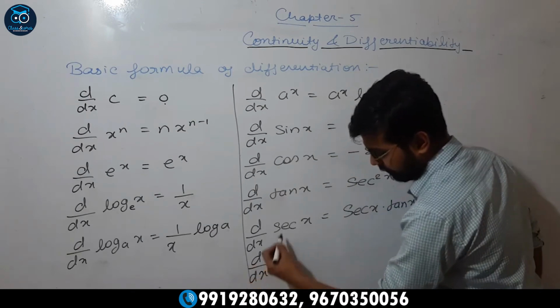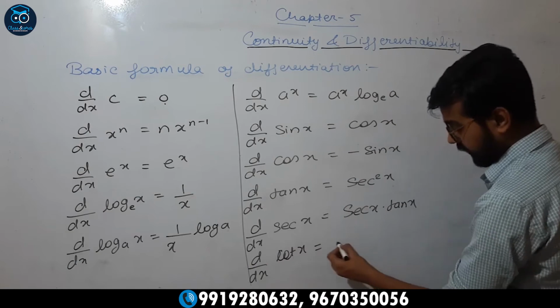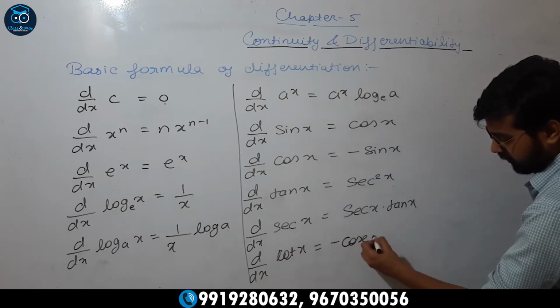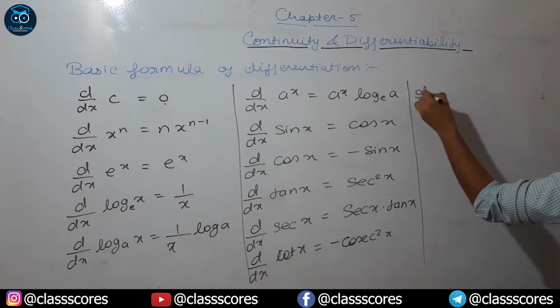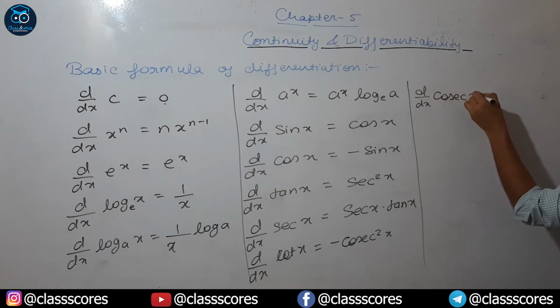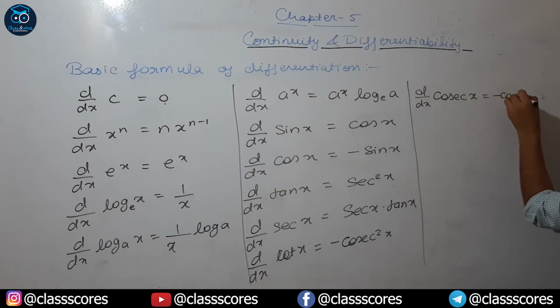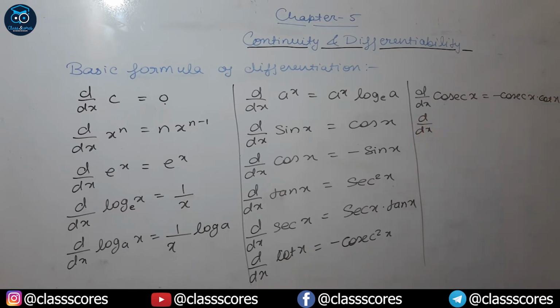Next one is cot x, that is minus cosec square x, and d upon dx of cosec x is minus cosec x cot x. Here all the trigonometric terms are covered.